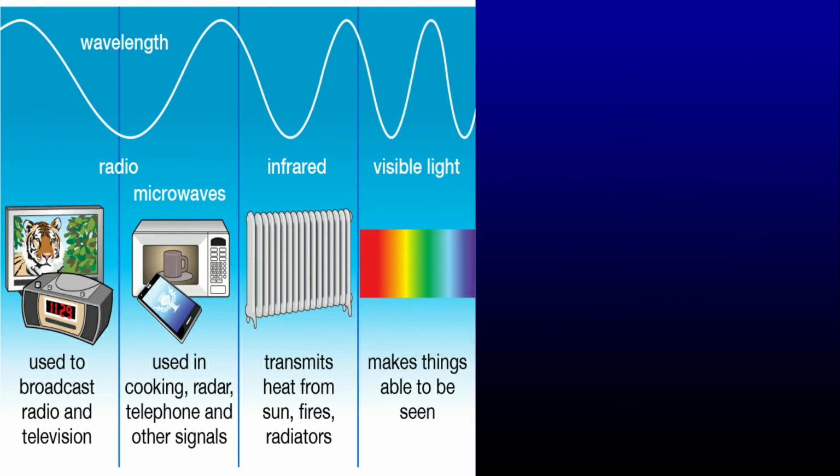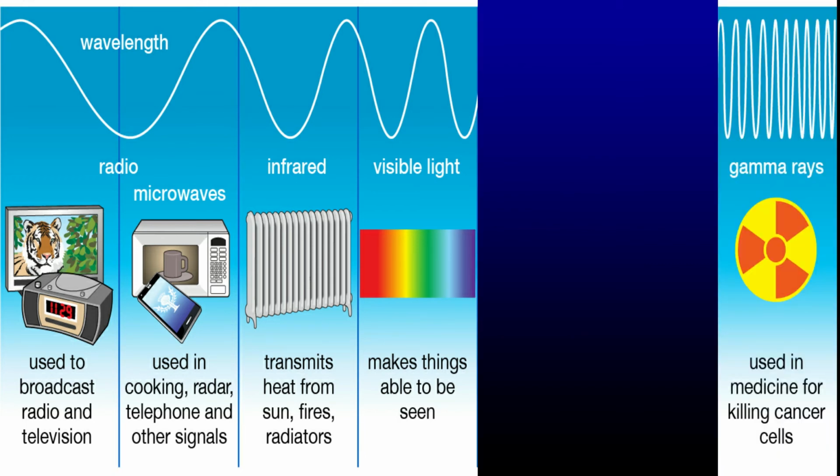Infrared is used for cooking, heating, and detecting organisms in the dark using temperature. Visible light is obviously the light that we humans can see and is used for fiber optic communication. The last three are dubbed as ionizing radiation, for they remove electrons from atoms and, while useful, can kill us.